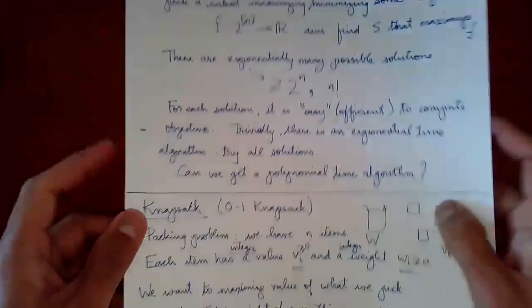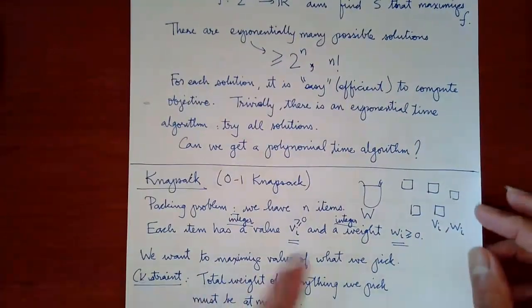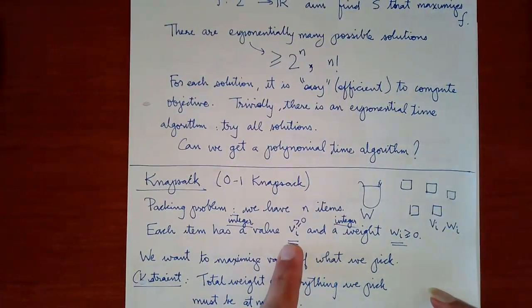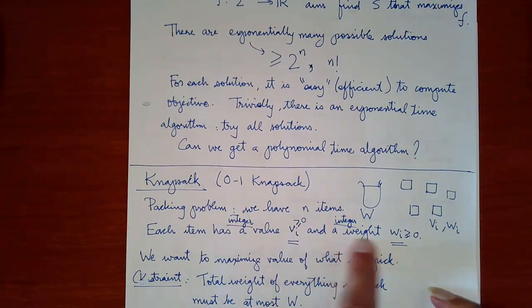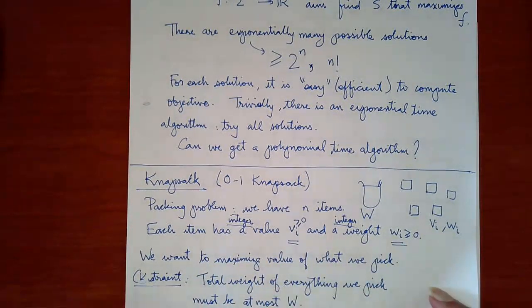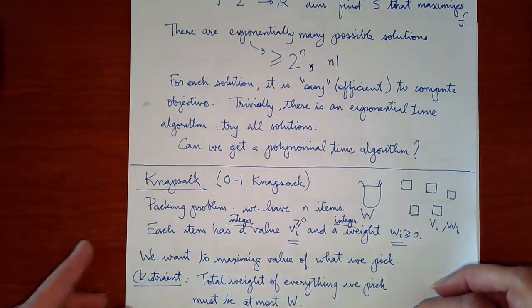I'm just going to use the discussion for knapsack. What was the 0-1 knapsack problem? We have n items. Each item has an integer value and an integer weight, and we want to maximize the value of what is chosen, the constraint being that the total weight of everything we pick must be at most W.